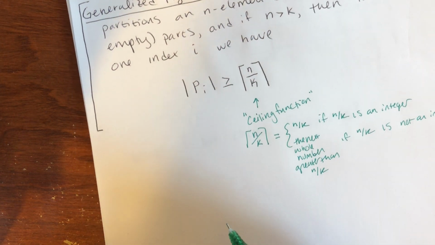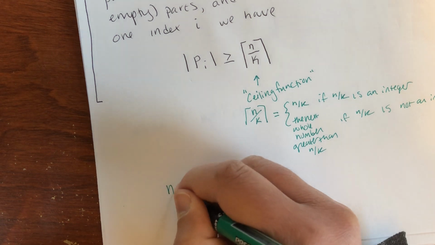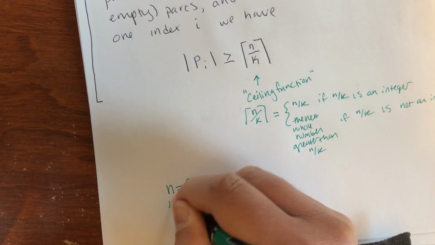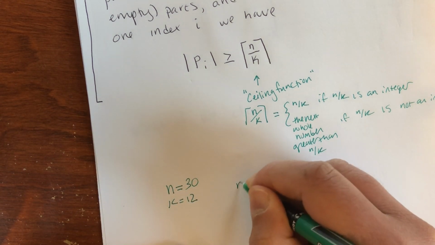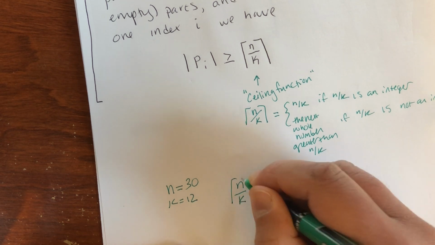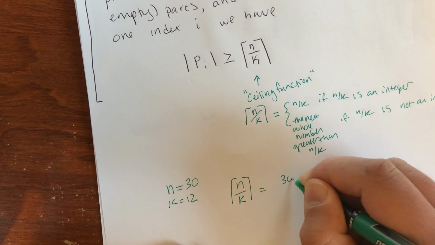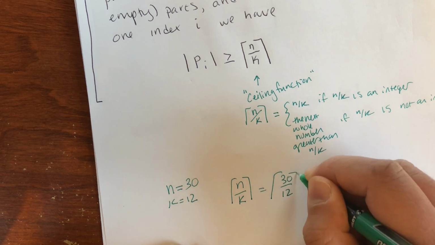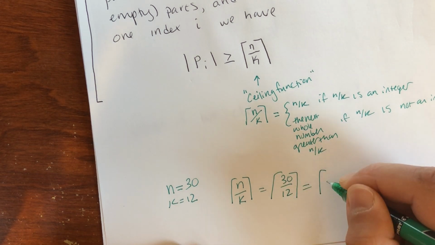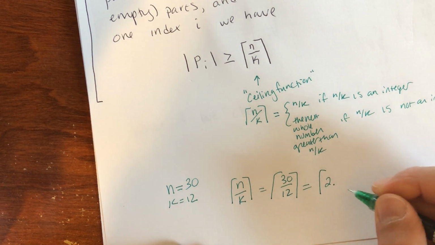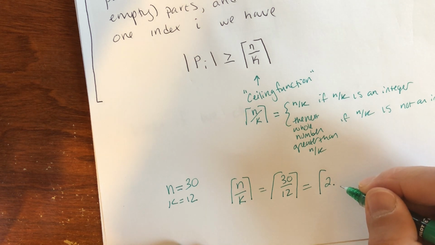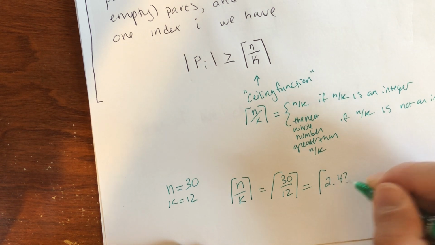So in our case, in the birthday problem here, our n was 30, our k was 12, and n over k would be 30 over 12, which would be 2 point something. I don't know what, 2.4-ish, something like that, right?